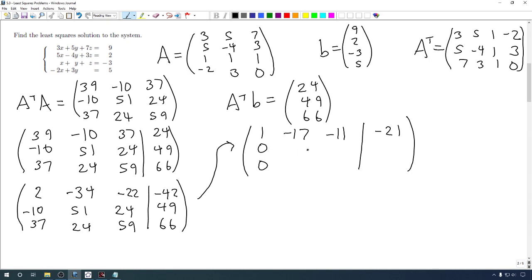So our new second row is going to be 0, negative 119, negative 86, and negative 161. Our new third row will be 0, 653, 466, and 843. Some big numbers in there.